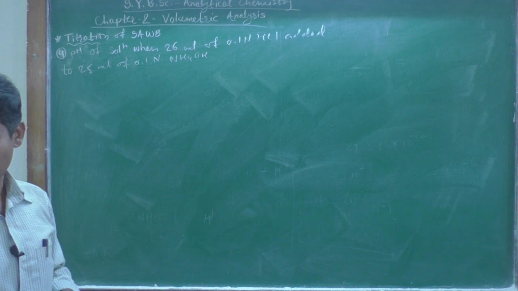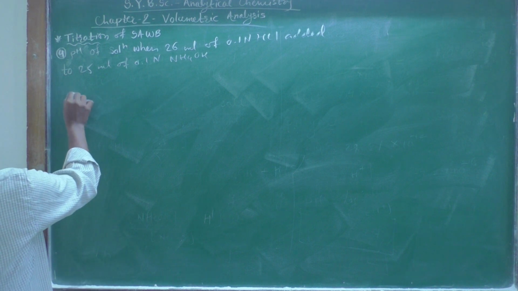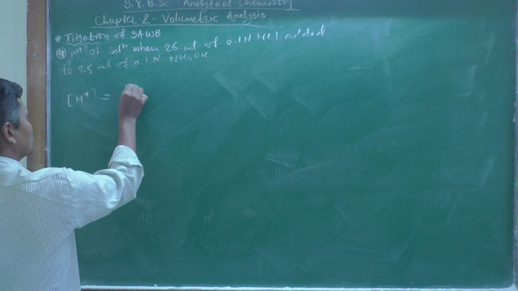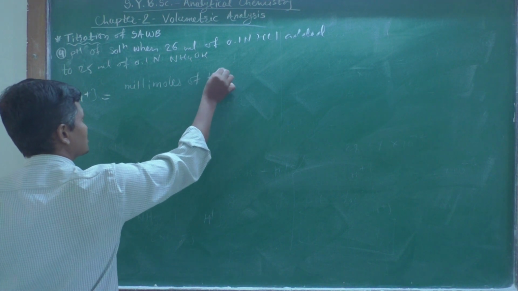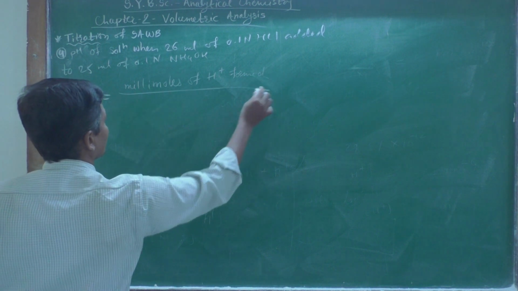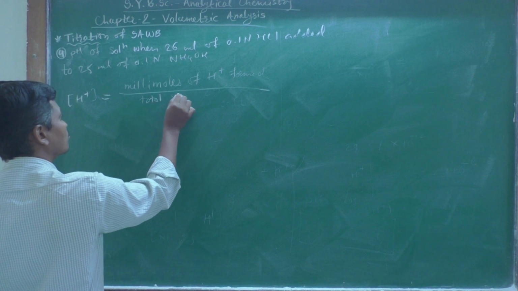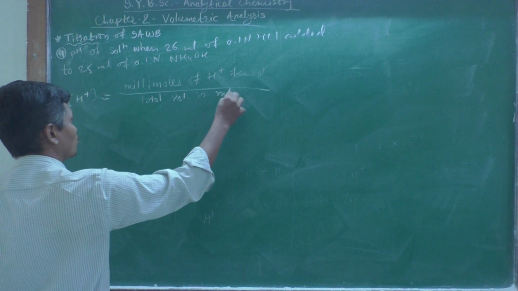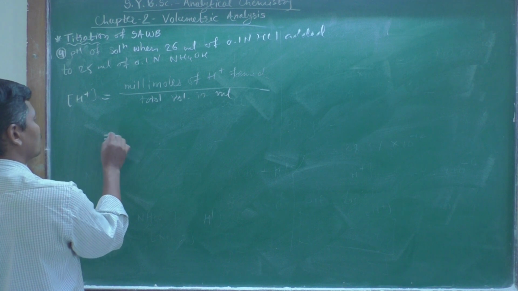It is calculated in a simple manner: H plus ion concentration is equal to millimoles of H plus divided by total volume in ml. So how many millimoles of H plus will be formed?